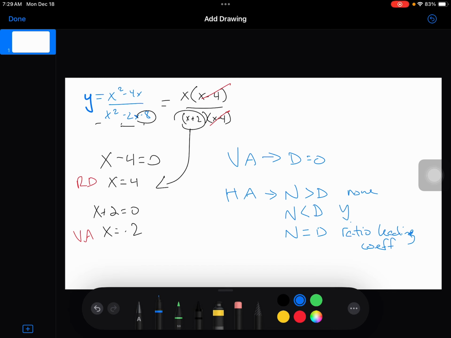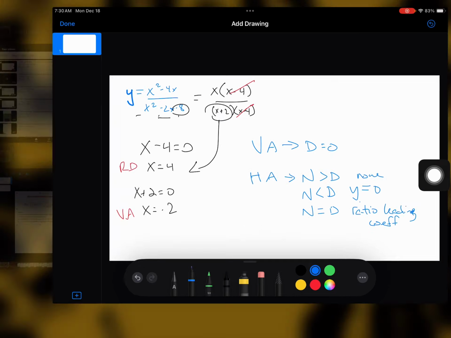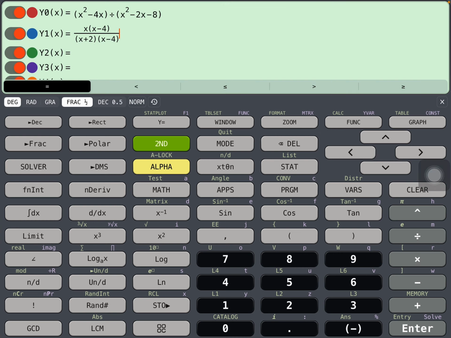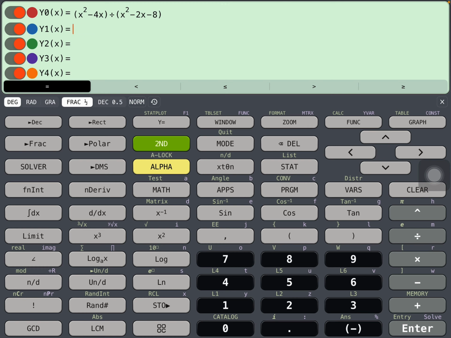When n is less than d, then we have y equals 0. Back to the graph. Now let's just put that to the test here, that what we just confirmed on the other slide. Instead of x squared divided by x squared, let's say x squared divided by x minus 4.